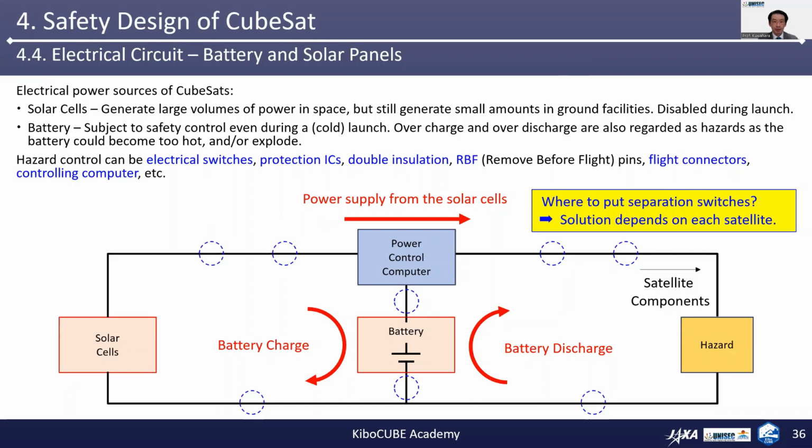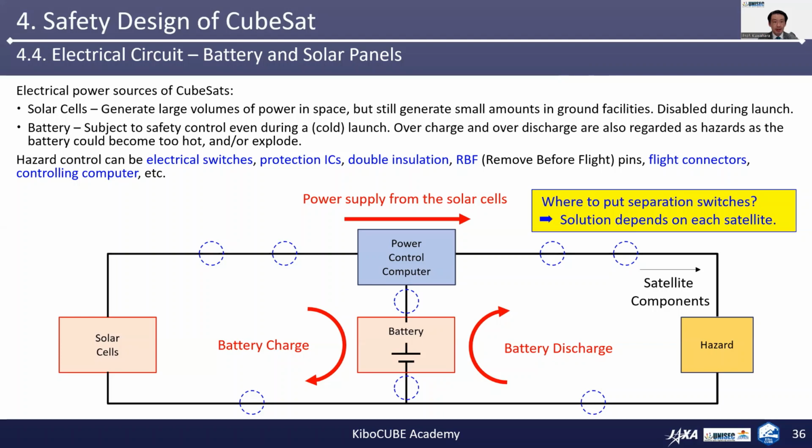Then, in the following slides, I'd like to discuss safety design related to the electrical circuits. In general, there are 2 electrical power sources for CubeSats. One is the solar cells, which generate large volumes of power in space, but still generate small amounts of power at ground facilities. Solar cells are disabled for CubeSats during the launch and release from the ISS.